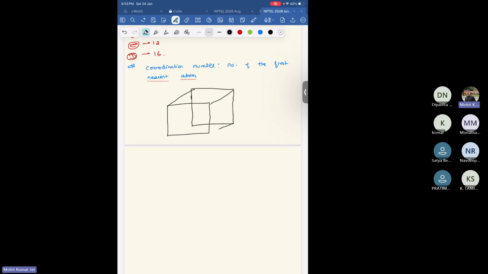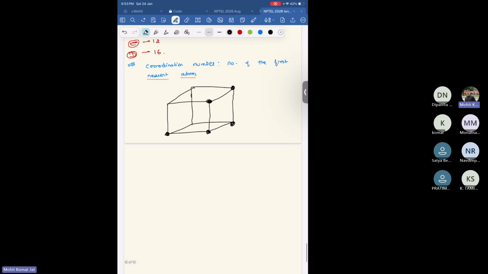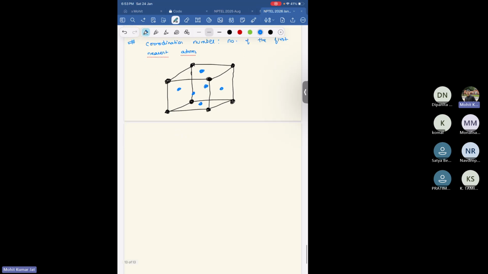FCC is like you have atoms at the corners, right? And then you have atoms at the center of each face. So six faces are there. The six atoms should be there on the faces.